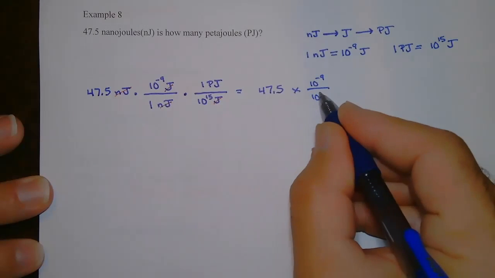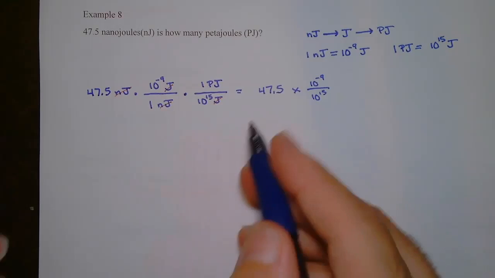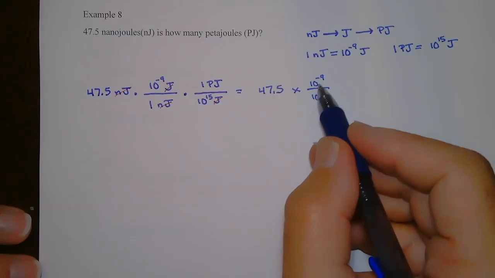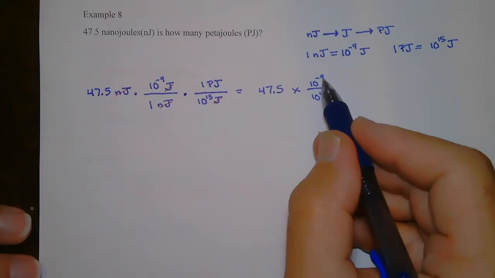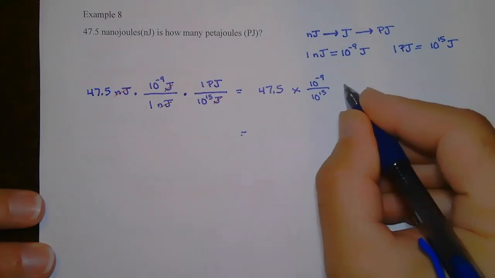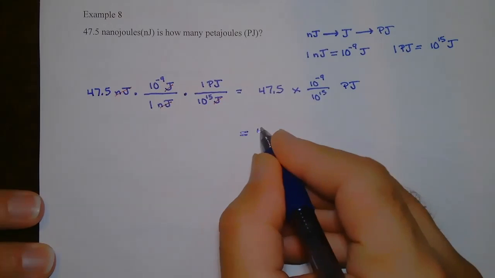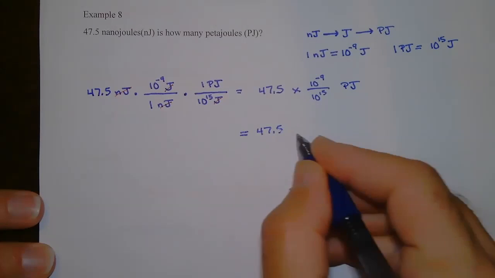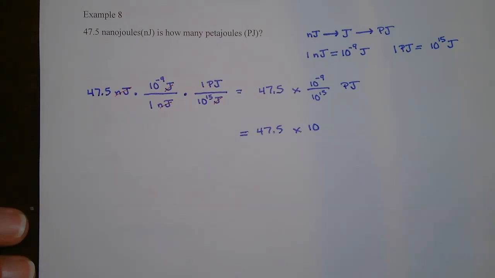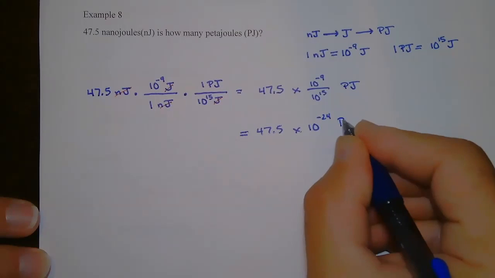I want to keep these powers of 10 together. By the exponent rules, that's negative 9 minus 15. This would be equivalent to 47.5 times 10 to the negative 24 petajoules.